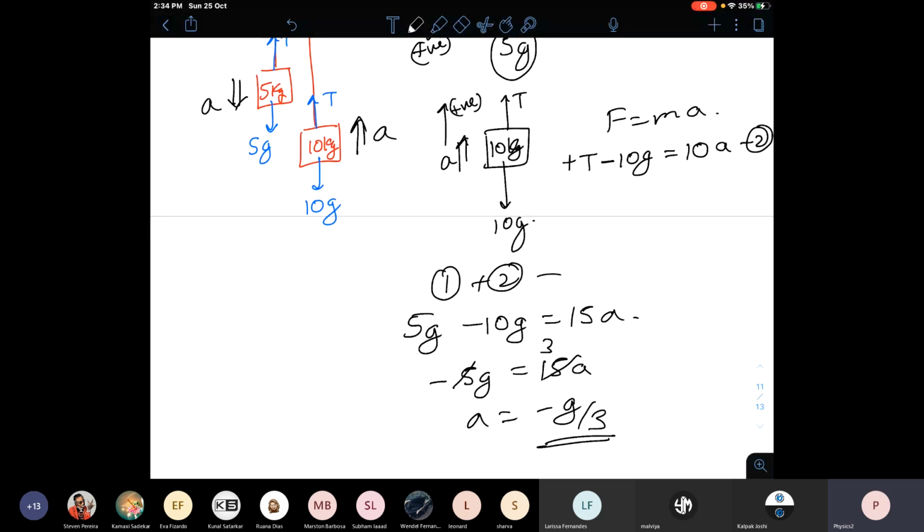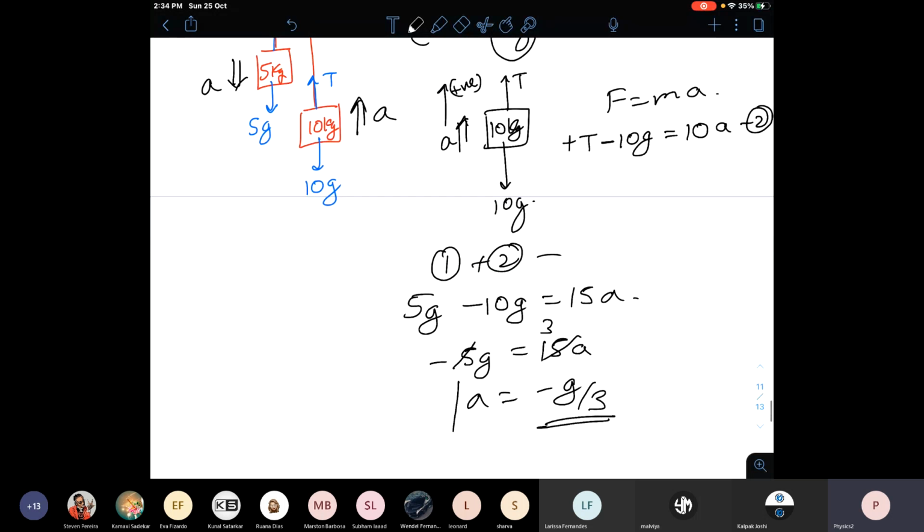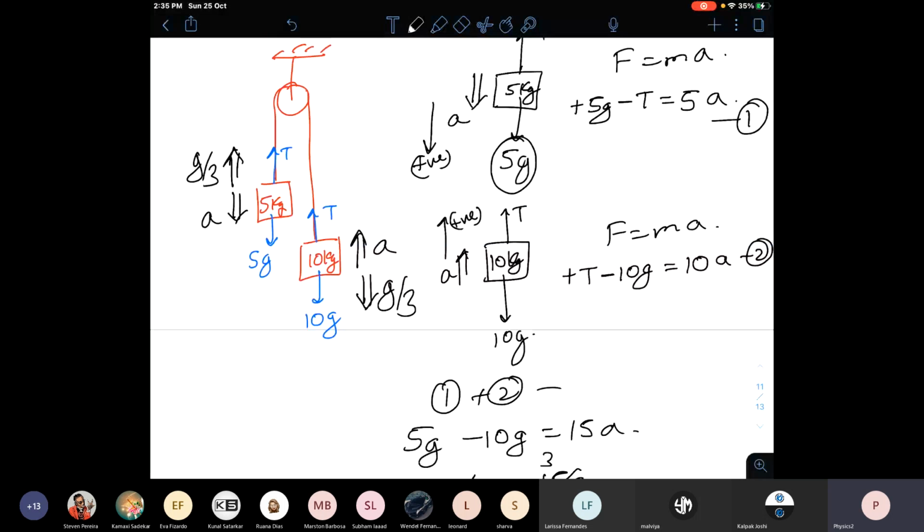See, I assumed that the acceleration of 10 kg block was in the upward direction, but on calculation, physics is telling me that acceleration is minus g by 3. That means the direction is opposite. The acceleration of this is g by 3 like this, and the acceleration of 5 kg is g by 3 upwards.